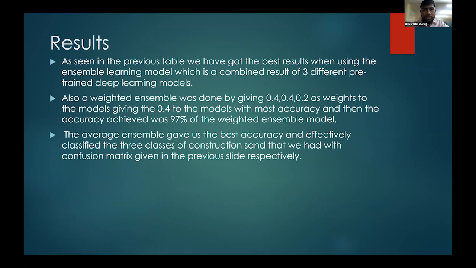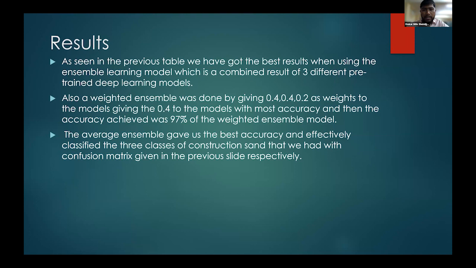We also used another ensemble, which was a weighted ensemble. The first one was the average ensemble model, and the second one was the weighted ensemble model. In the weighted ensemble model, we gave more weight to the models which had higher priority. We prioritized models based on their accuracy. The first two models were given 0.4 and 0.4 as weights, because those two gave us the best accuracies.